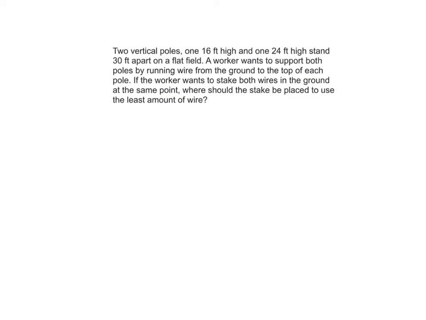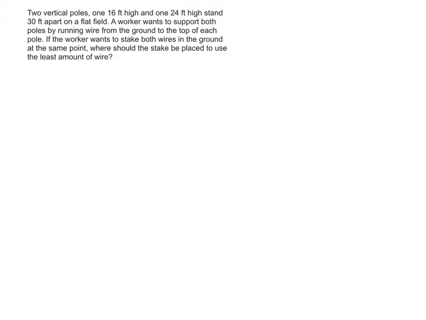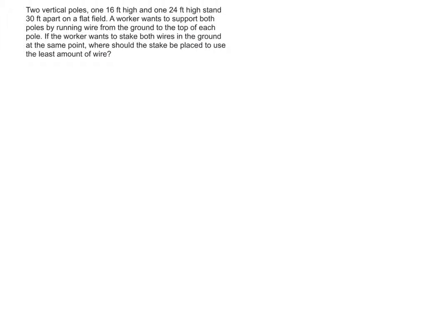So I'm going to get rid of this a little bit. So look at what we've got. We've got a pole here that's 16 feet, and we got another pole over here that's 24 feet.